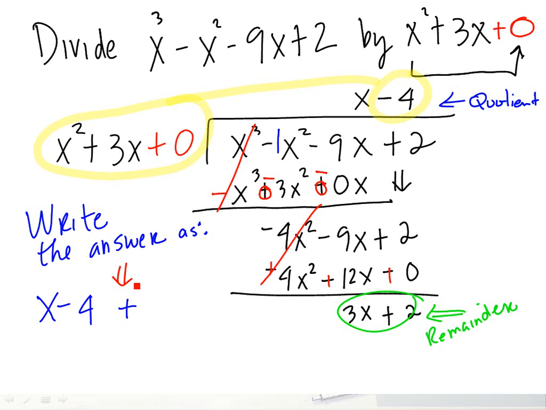Then you're going to put your remainder over here, 3x plus 2, divided by your divisor. And you can use your original divisor, x squared plus 3x. So this is how you would write your answer.